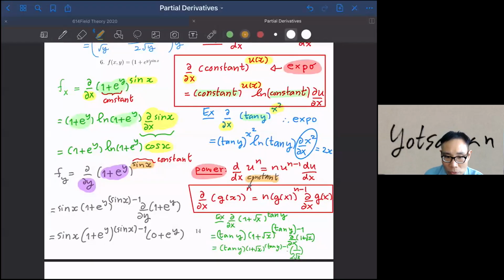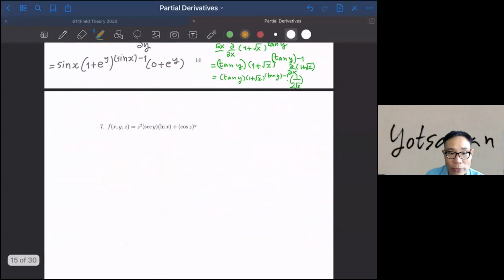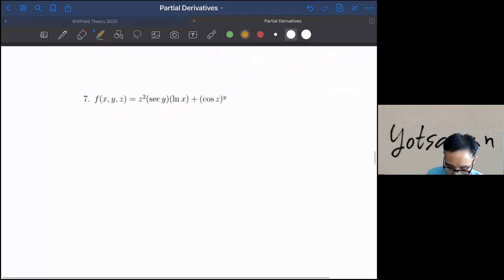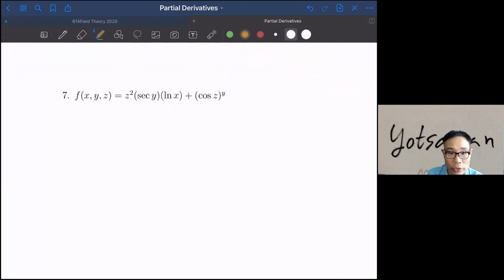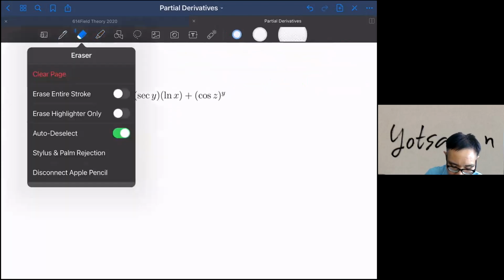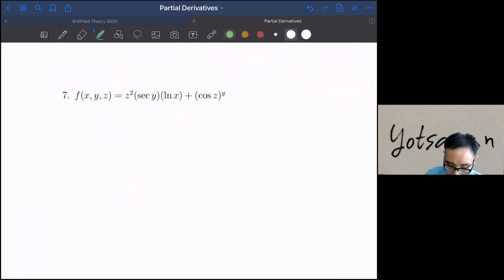Okay, so let's do something else. We have f(x, y, z) equal to z² sec y log x + cos(z)^y. You see that this one is a function in 3 variables. So you have variable x, variable y, and variable z.